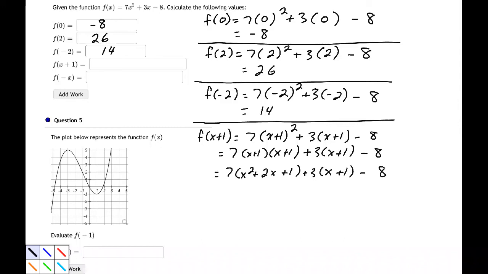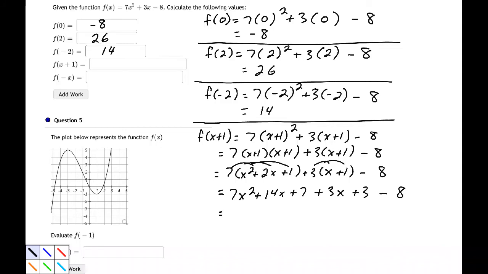If I distribute the 7 to the first set, that will be 7x squared plus 14x plus 7, plus, and then I'll distribute a 3 to the second set of parentheses. That will be plus 3x plus 3 minus 8.